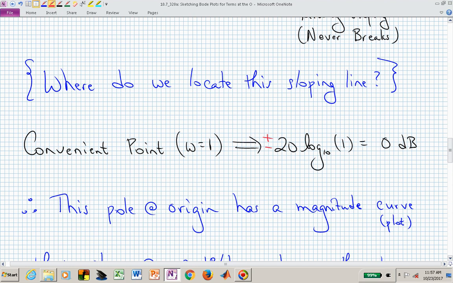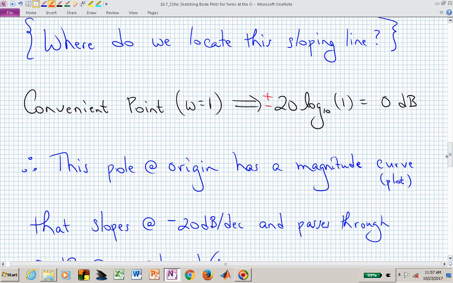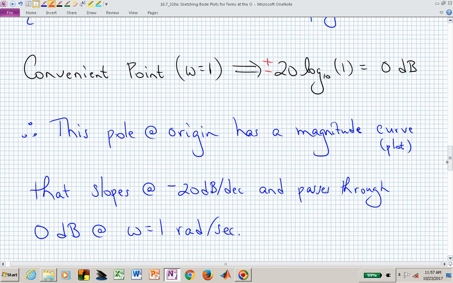So this pole at the origin has a magnitude curve that's always sloping, and the slope is minus 20 dB per decade. And that sloping line actually passes through, where you can pin that sloping line down on your Bode plot. A convenient place is to just mark it at 1 radian per second, and it's going through 0 dB.